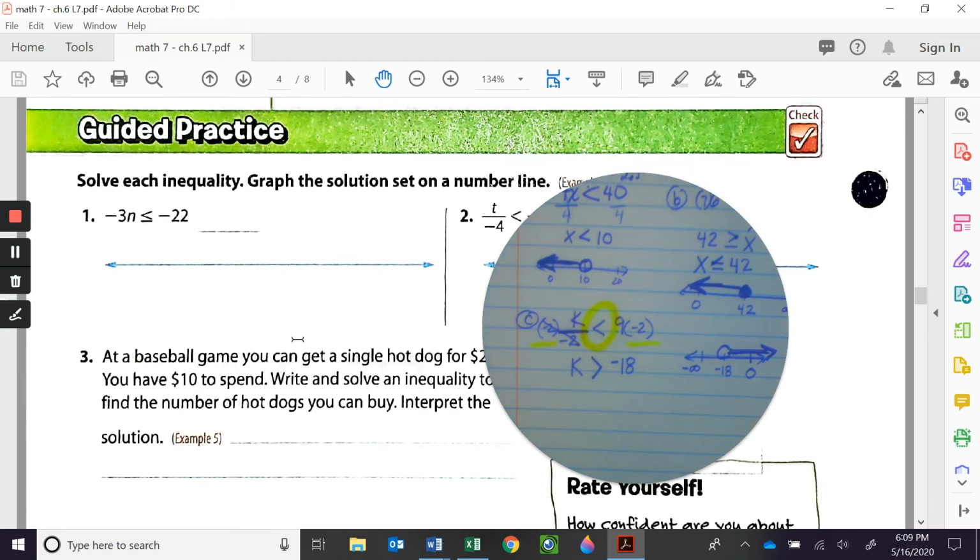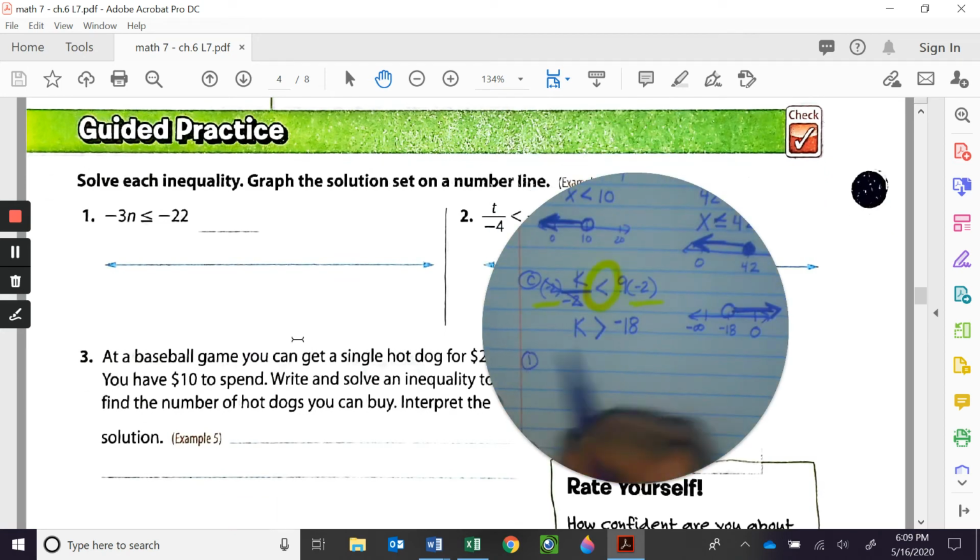All right, so let's look at a couple more examples here. So negative 3n is less than or equal to negative 22. All right, so we have multiplication happening here, right? So we're going to divide by negative 3. Uh-oh, I'm dividing by a negative, which means my inequality needs to flip. So now not less than, now we are greater than or equal to.